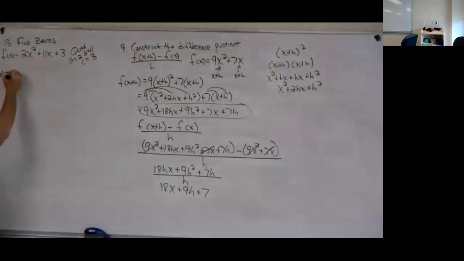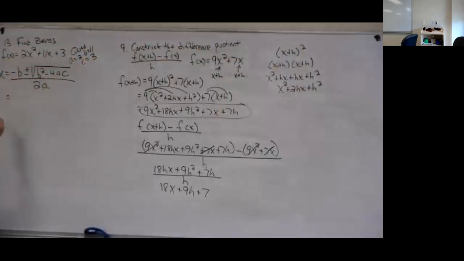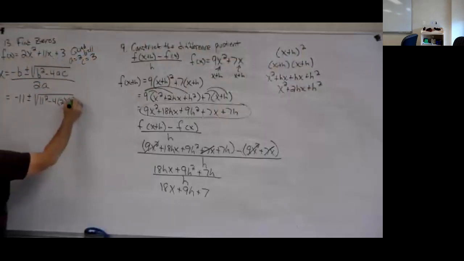But I'm going to work it by hand, so that's what, negative b plus or minus square root b squared minus 4ac all over 2 times a. Next, let's see, negative b will be negative 11. B squared will be 11 squared minus 4 times a, which is 2, and c, which is 3.